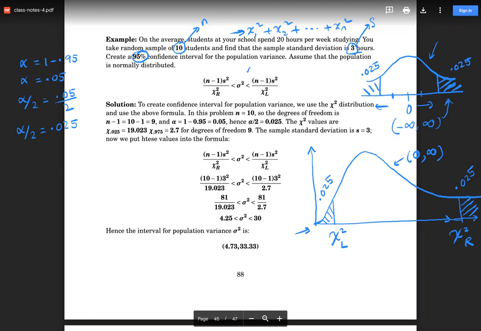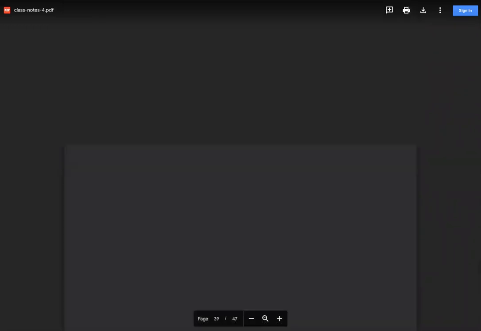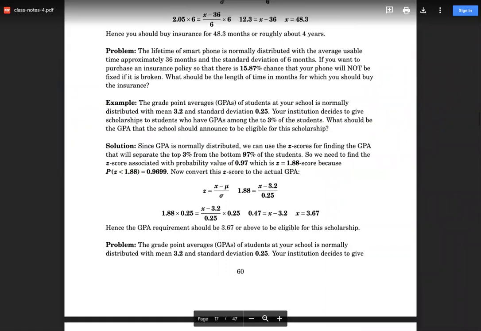The main thing here is actually finding these chi-square sub L and chi-square sub R values. And what I'm going to do is go back to our table. We have a chi-square distribution table.